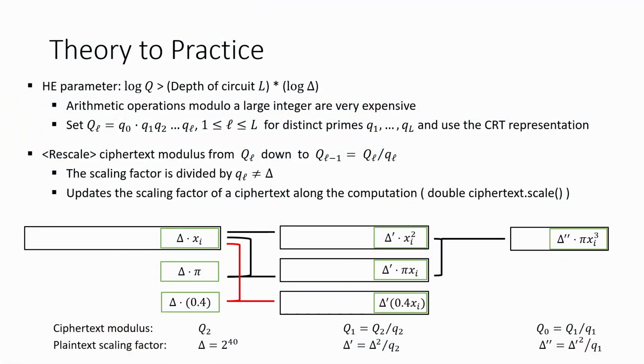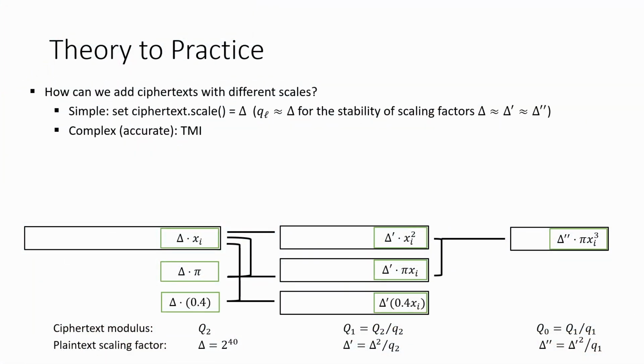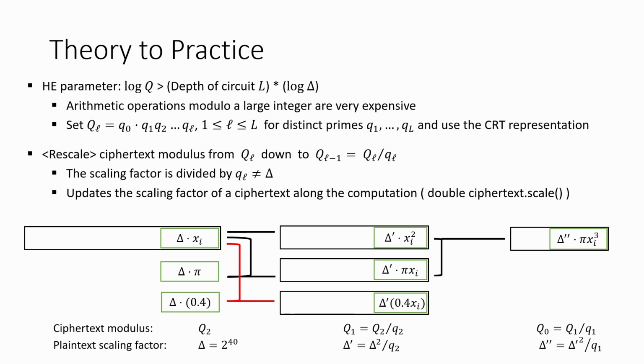In the case of this example, the first input ciphertext had a scaling factor 2 to the 40, and after one multiplication, its scaling factor becomes delta prime, which is delta squared divided by Q2. And after one more multiplication, its scaling factor would be delta prime squared divided by Q1. It's again different from delta prime.